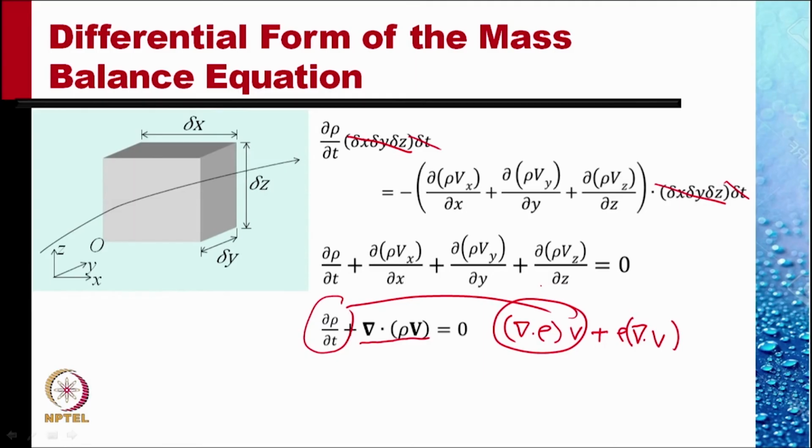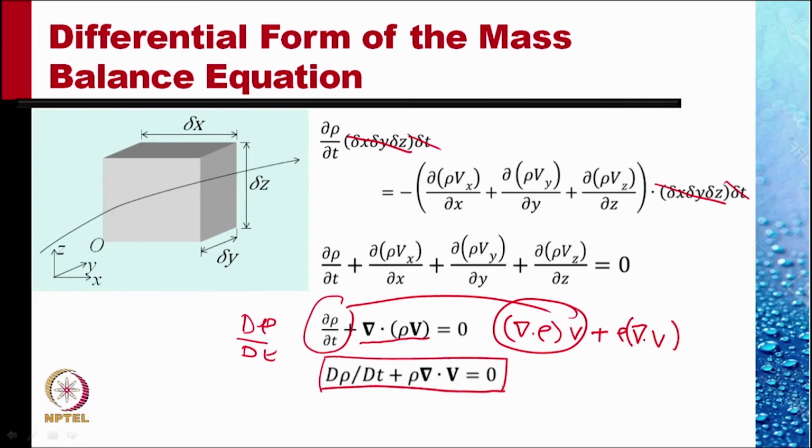This reminds us of the total derivative formula, the Eulerian acceleration formula that we derived in the last lecture. This is nothing but d rho by dt, the material rate of change of density. And this results in d rho by dt, the material rate of change of density, plus rho times del dot V is equal to 0. This is the differential form of the mass balance equation.